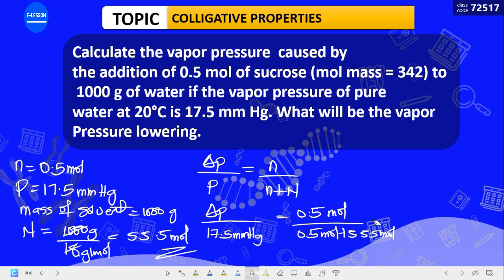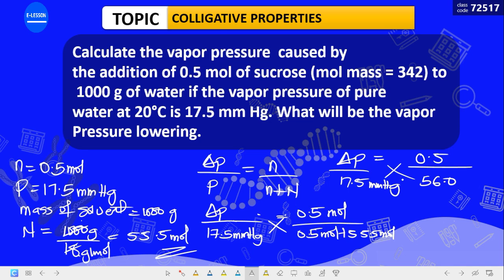Okay, we say this is change in P over this. Use this to multiply this. So 17.5 millimeter of mercury is equal to 0.5 divided by 56.0. Cross multiply. When this multiplies this, it gives us 56.0 times change in P equals 0.5 times 17.5. Divide both sides by 56.